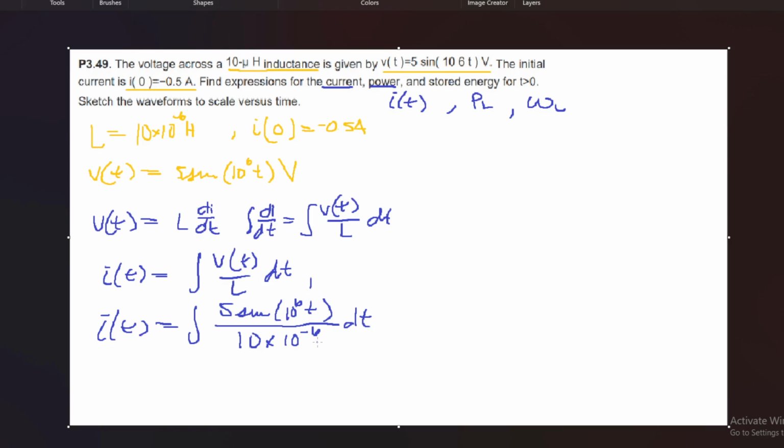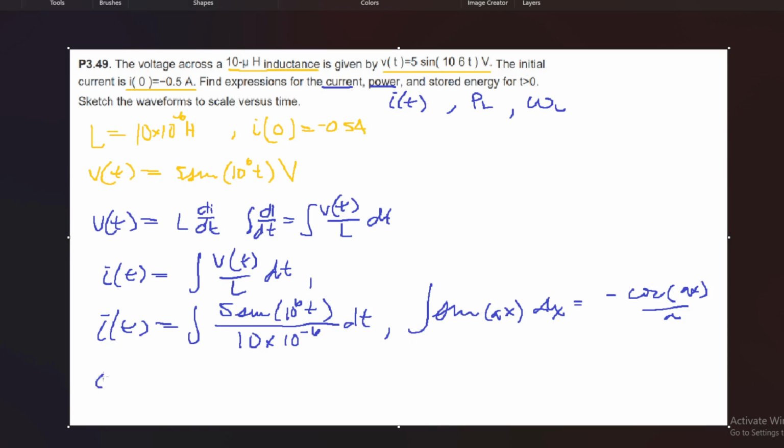And then we can use an identity here, where I used the integral of sine ax dx is equal to negative cosine ax over a.